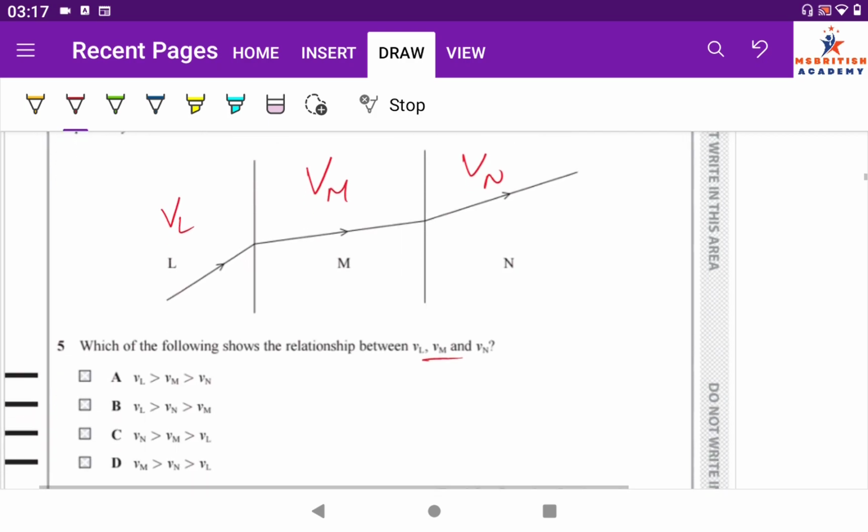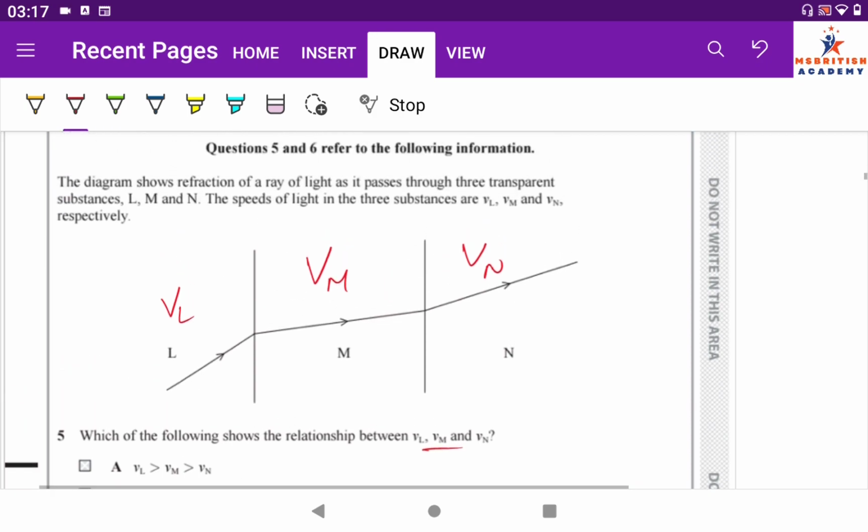So which relation is correct? First of all, let's understand the question. Here you can see the light bends towards the normal, and here the light bends away from the normal.